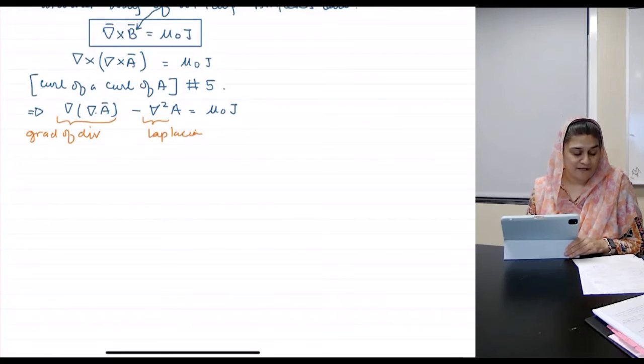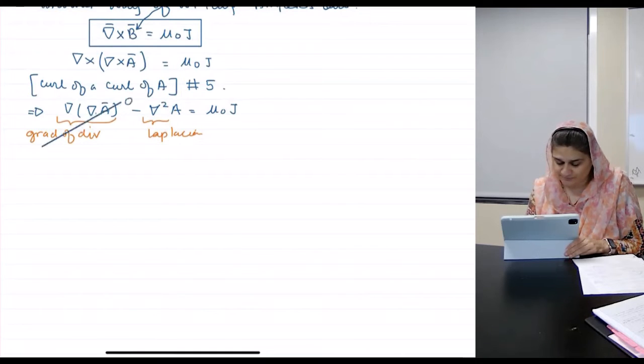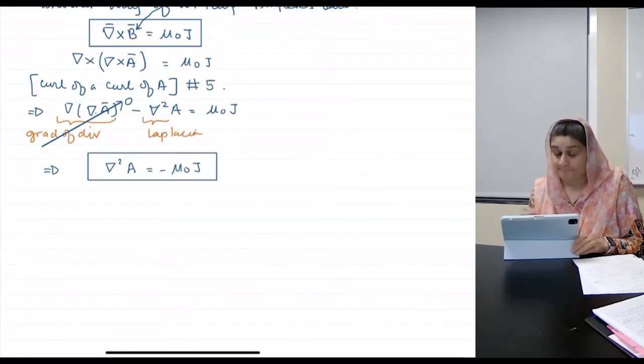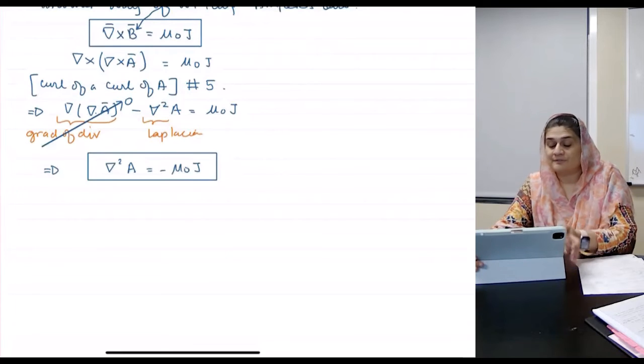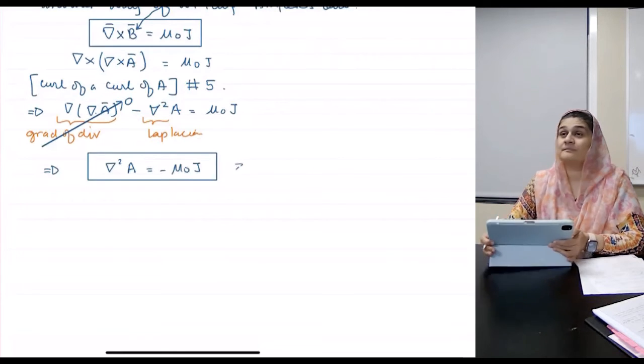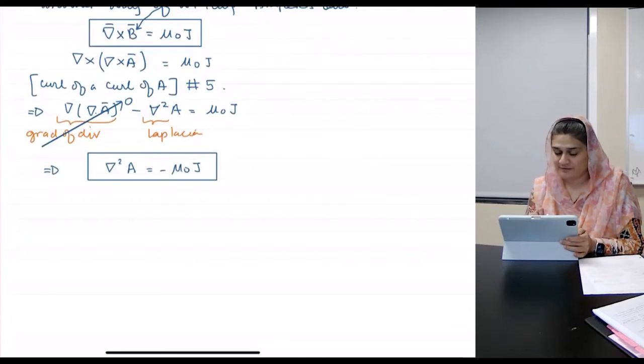And what was the gradient of divergence? 0. So I am reduced to Ampere's law in terms of vector potentials. Woohoo! Oh, I was supposed to make a smiley face.